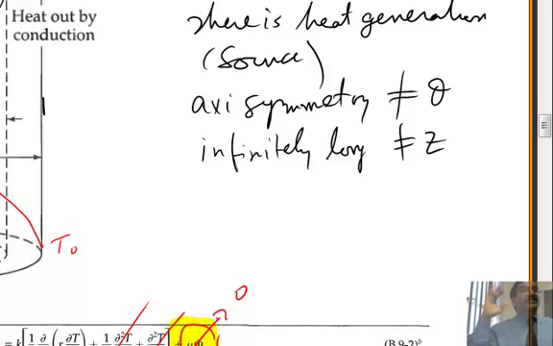So what is the heat flux Q? According to Fourier's law, it is -k dT/dr. So dT/dr at this point will be 0. Okay? So the temperature is maximum, just like the velocity was maximum in the previous case. So the heat is going in the direction of the gradient of the temperature, from the inside to the outside.